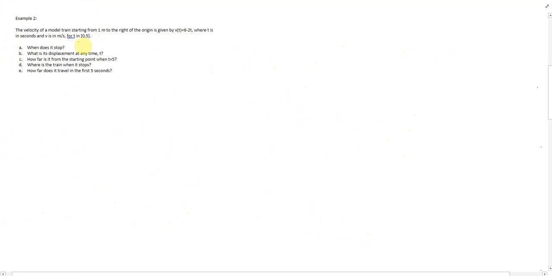Okay, so let's write down some of the key things. So the first key thing, this equation, velocity with respect to time, is 6 minus 2t, and t is within 0 to 5 seconds. Okay, there's one other key thing, which is talking about the model train starts from 1 meter to the right of the origin. So if we think about this, 1 meter to the right is here at 1.